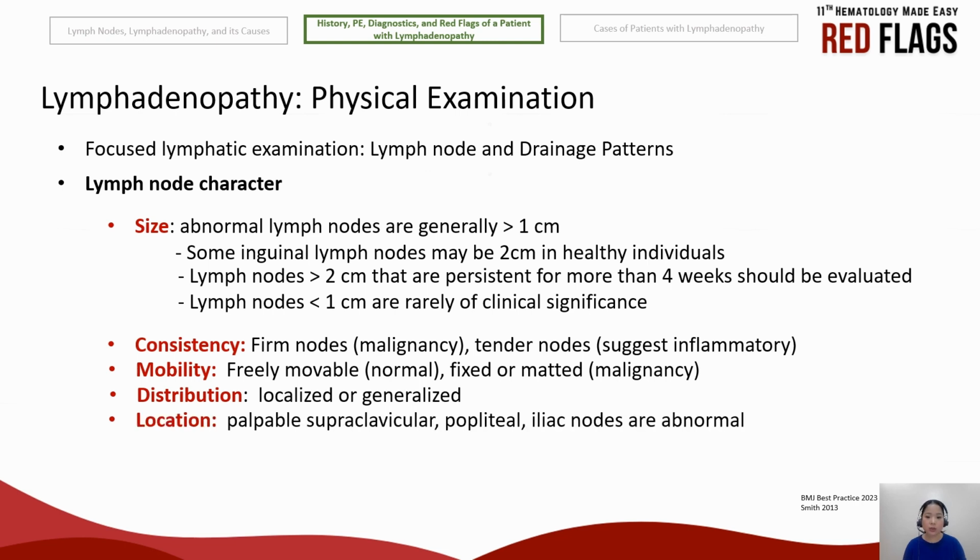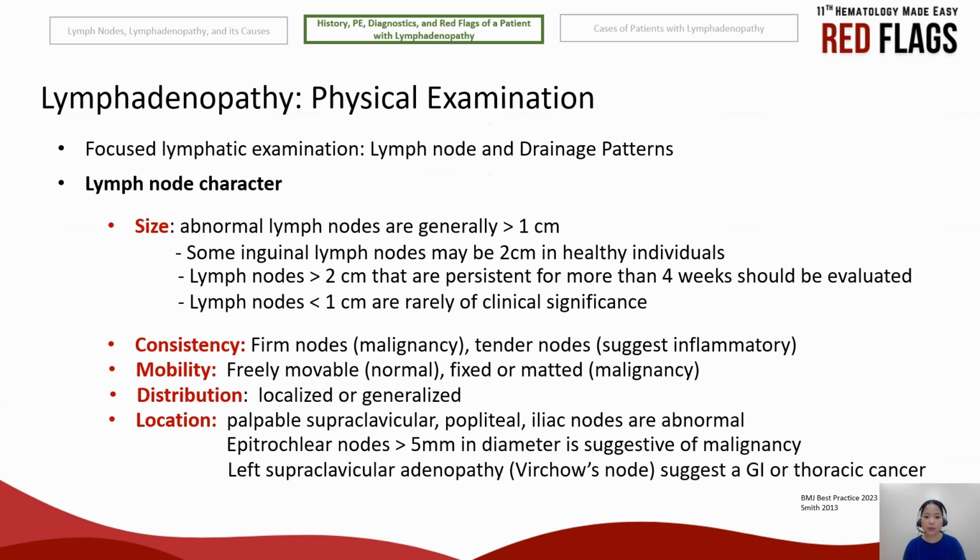In terms of location, palpable supraclavicular, popliteal, or iliac nodes are considered abnormal. And epitrochlear nodes, the nodes that are seen in your elbow, measuring more than 5 millimeters in diameter are already suggestive of malignancy. A left supraclavicular adenopathy, known as Virchow's node, may suggest a gastrointestinal tract or a thoracic malignancy.